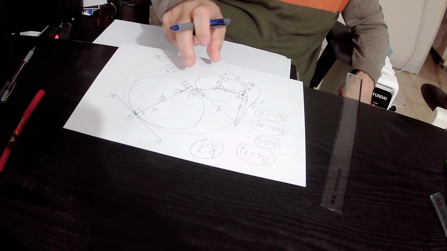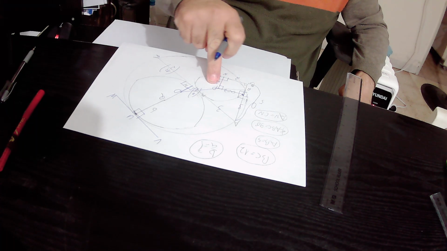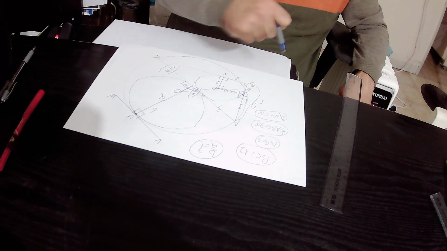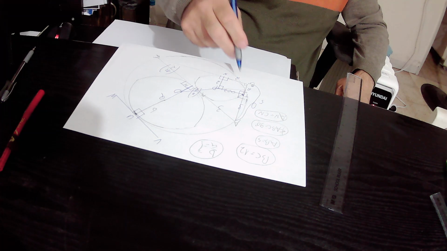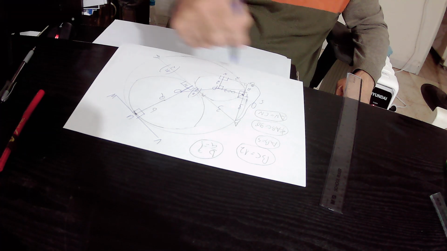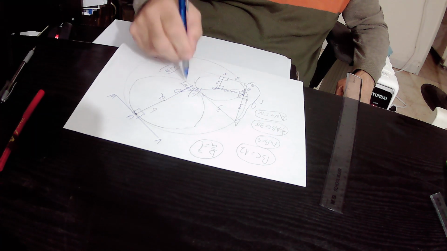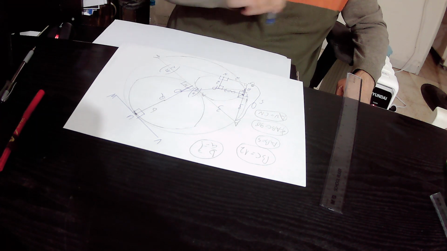We actually joined the center of the biggest circle with the center of the smallest circle by a straight line. This point is the touching point of the smallest circle with the biggest circle. We define the touching point as S. Again, at this point, the smallest circle touches the biggest circle. Point S is their touching point.